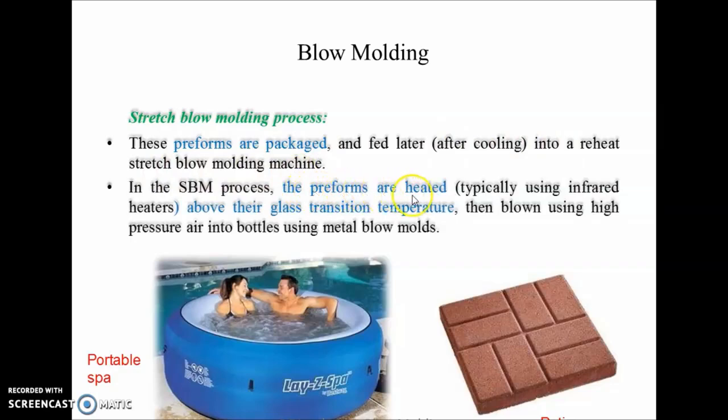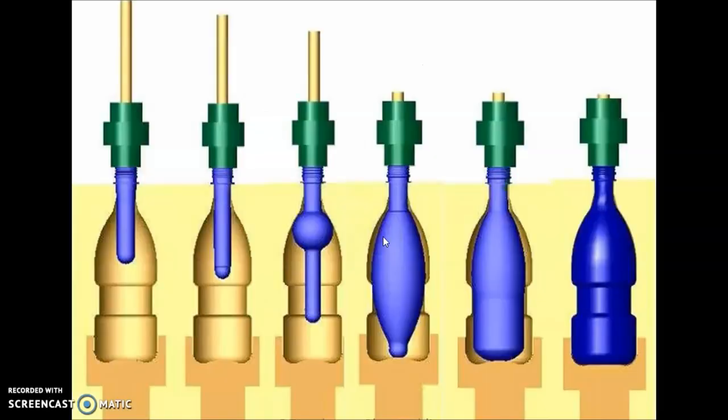The preforms are heated above their glass transition temperature, then blown using higher pressure into bottles using metal blow molds. This is an example of a stretch molding process. First, it is preformed and then it is placed into the mold cavity, and then the compressed air gets blown in and it attains the shape of the mold cavity, and then the part gets ejected.